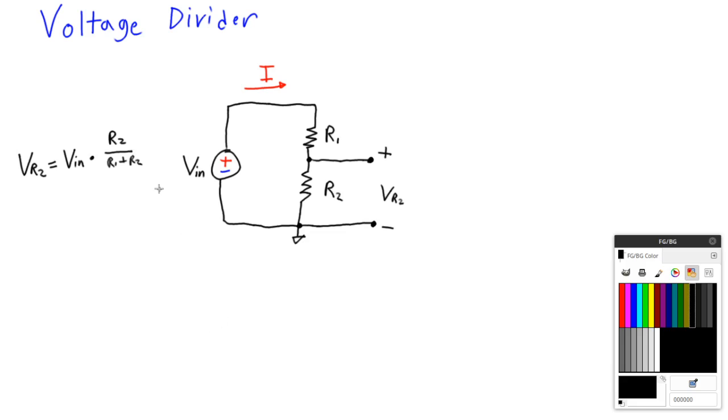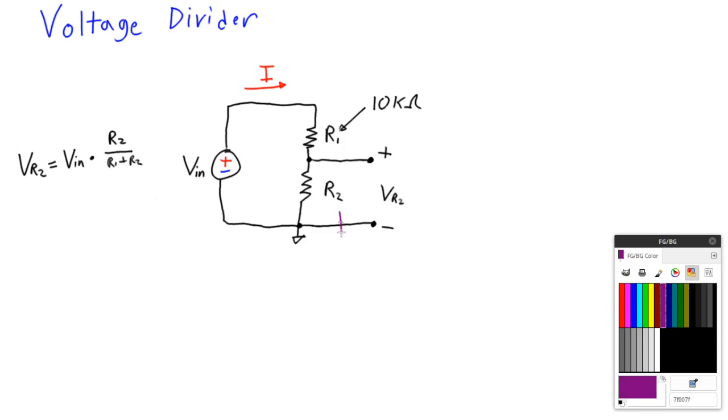So now let's look at two extreme scenarios. We'll say that R1 is, let's just give it a value like 10,000 ohms or 10 kilo ohms. That's a pretty standard resistor value that you might be able to find in a lab or just around. And now we're going to look at two cases.